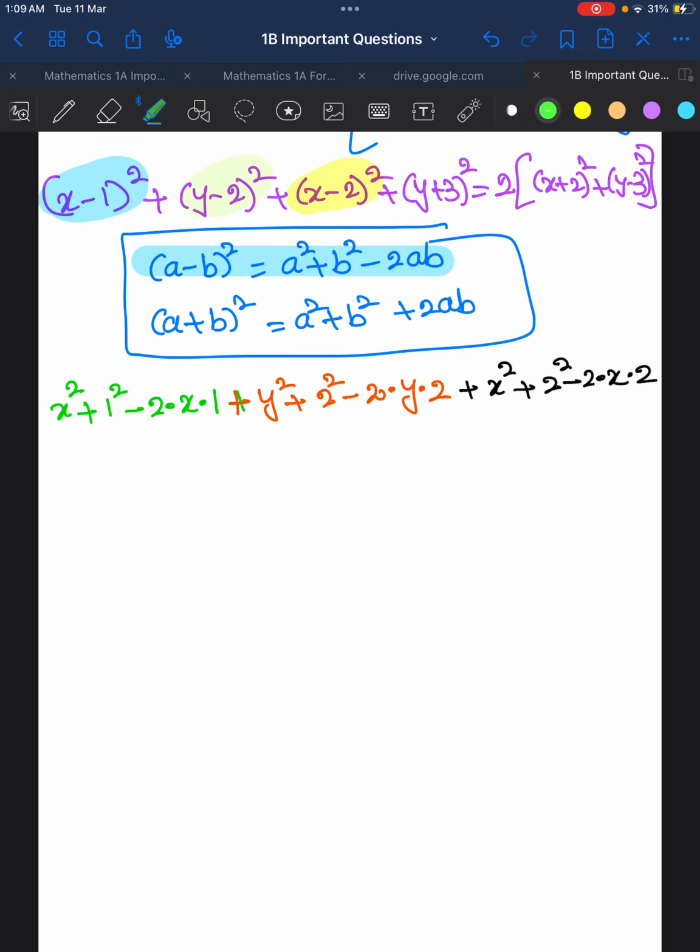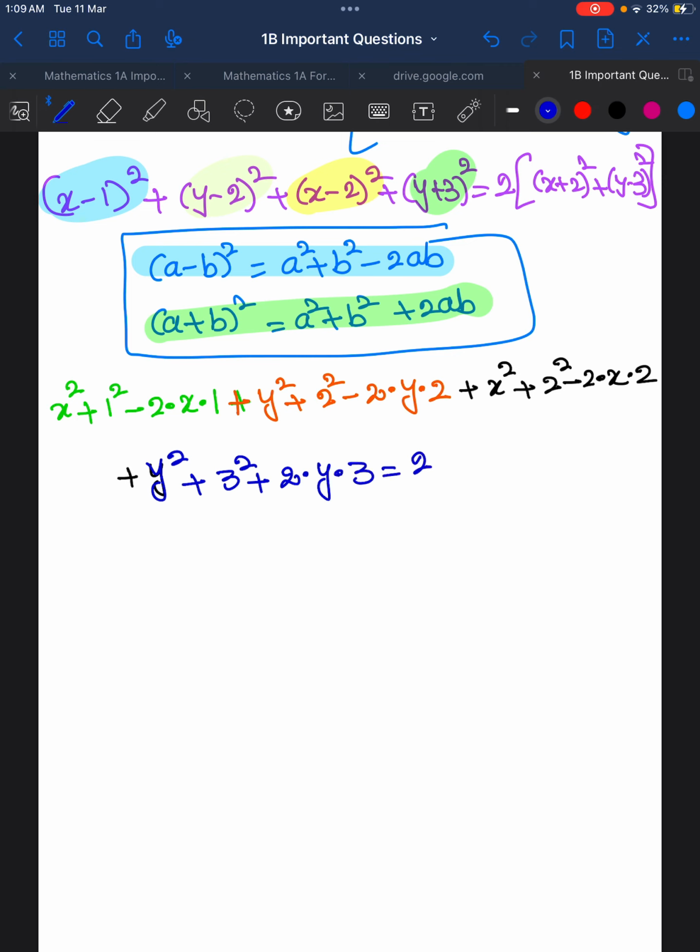Next one is (y plus 3) whole square, in the form of (a plus b) whole square, which is a square plus b square plus 2ab. So y square plus 3 square plus 2 into y into 3. Now 2 times the value inside the square root, the right side part.